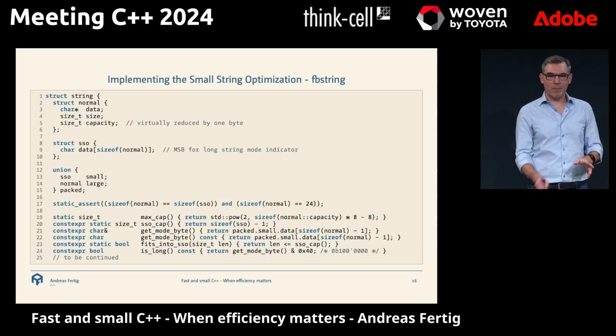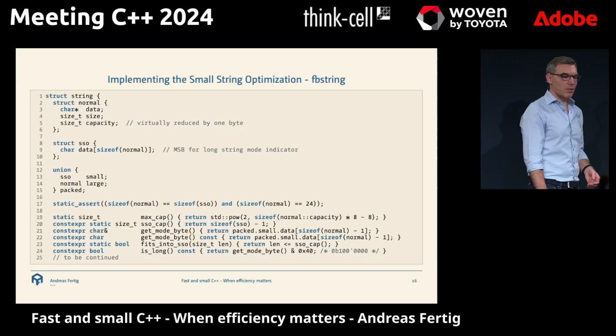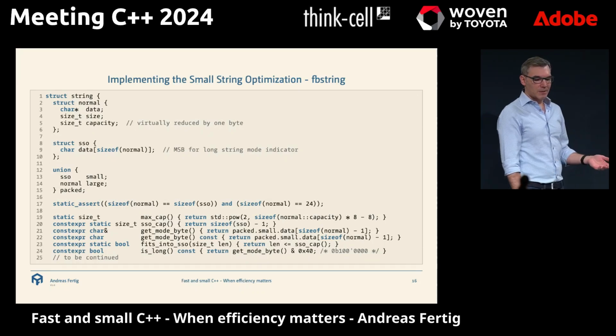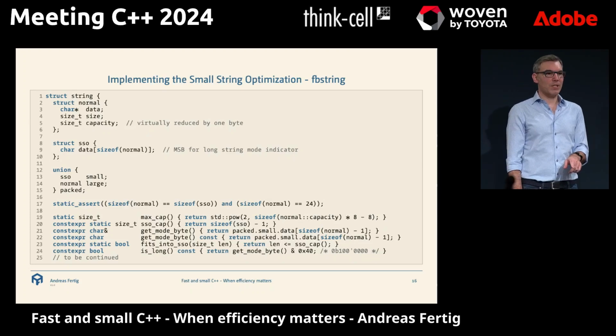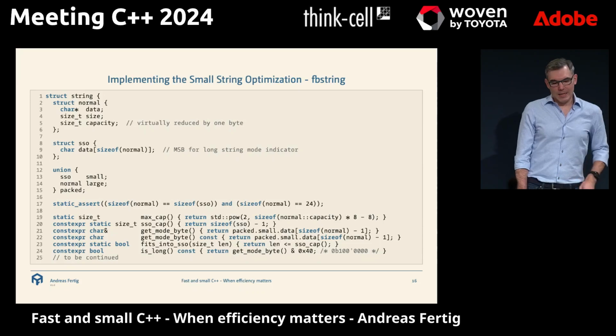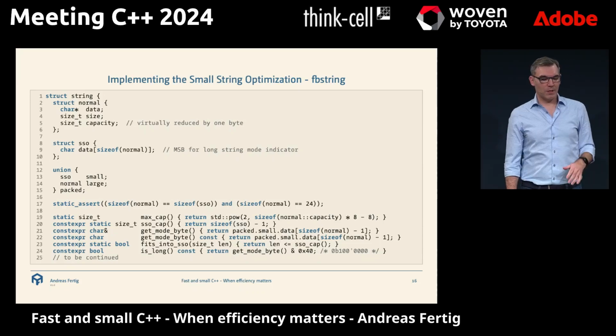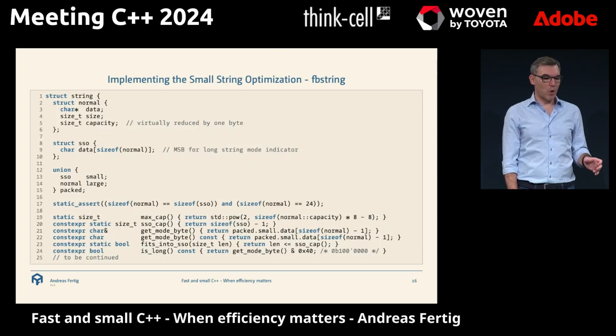We have the SSO capacity, and that's interesting. They say SSO capacity is 24 minus 1, so 23 bytes payload. They have 2, or 1, member function here in const and non-const version, getMode byte.